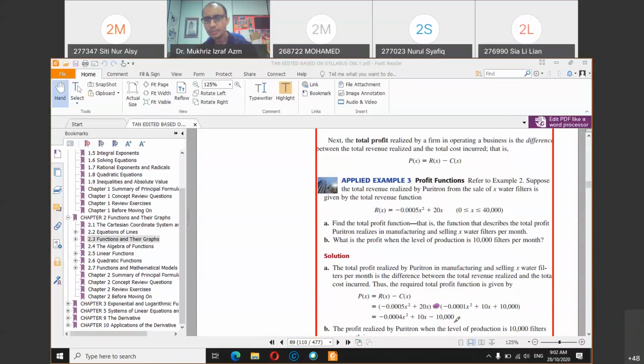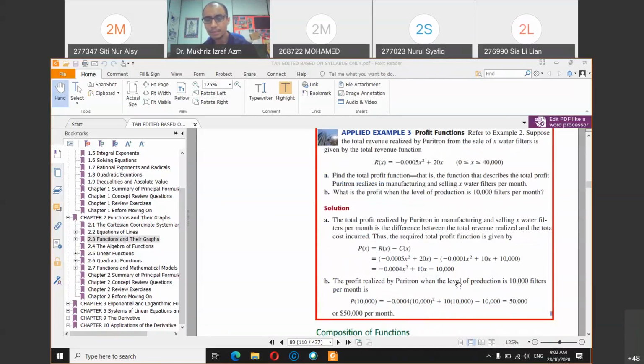This is what you should get. So do not just look at the example and take it for granted. It might look easy to most of you, but I'm sure some of you will still make a silly mistake here. So the idea here is just to calculate the profit function, TR minus TC.